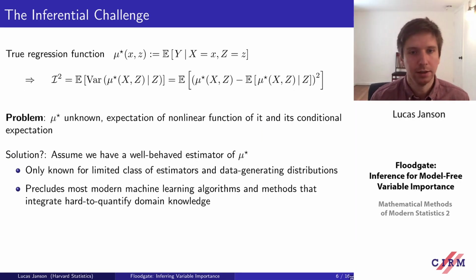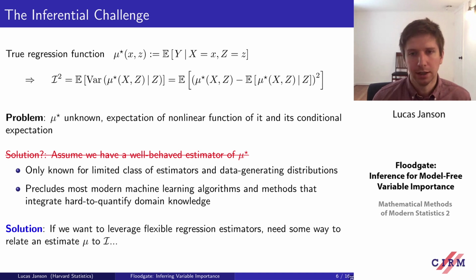In particular, we don't have good theory for exactly how well various modern machine learning algorithms perform in different types of data generating distributions. And this would certainly preclude people using estimators of mu star that incorporate some sort of fuzzy domain knowledge that's hard to quantify and certainly would be hard to prove any kind of theorem about. And so I don't want to take this route.